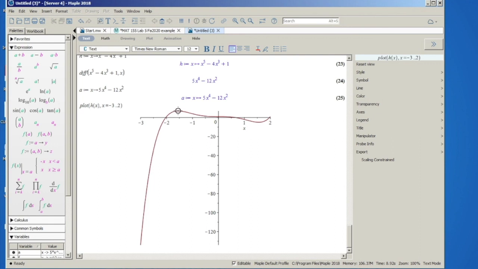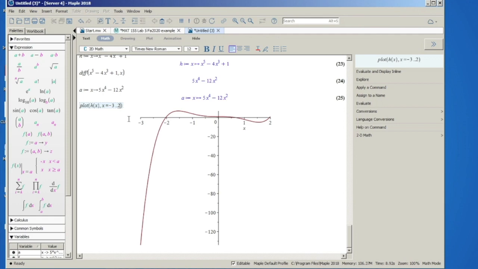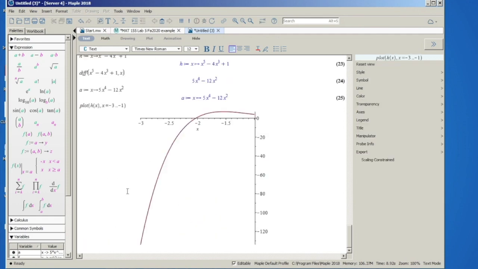Then from this point to whatever point we have here, we are decreasing. And then from this point onwards, we are increasing. If you wanted to figure out what those points are, we'll get even closer. It looks like about -1.7 is when you begin to decrease.